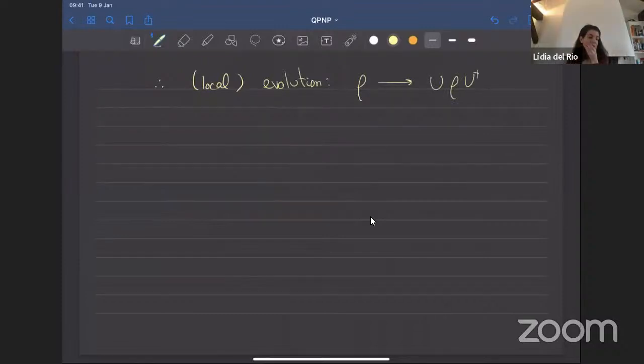Okay. So now we have this object which can be used to model any setting of this form, right? Doesn't matter what the origin of this probability distribution is. If locally all I know is that I get some states with some probabilities, then I can always model it like this. So let me give you some examples.